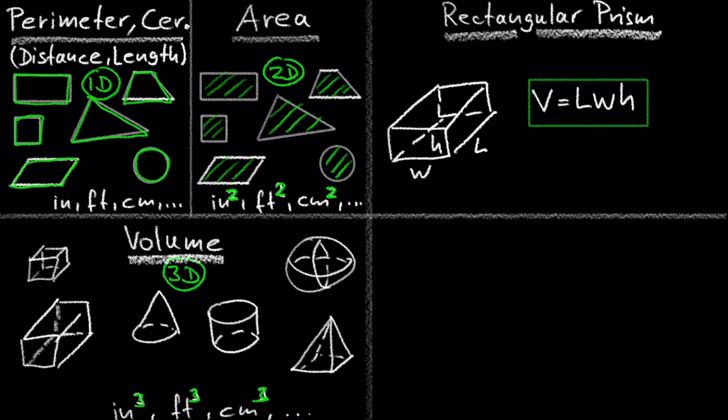We see calculating the volume of a rectangular prism is similar to calculating the area of a rectangle. The only difference is that when calculating the area of a rectangle, we multiply the length by the width, and when calculating the volume of a rectangular prism, we additionally multiply by the height.